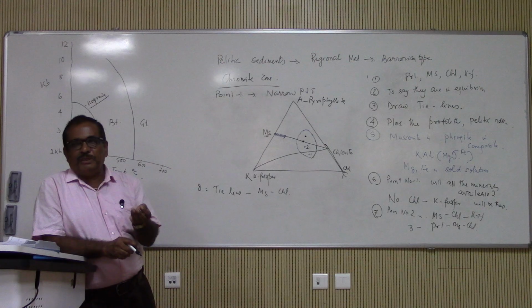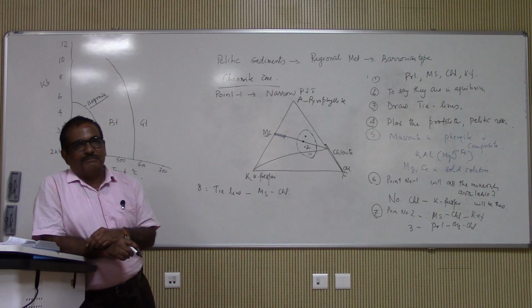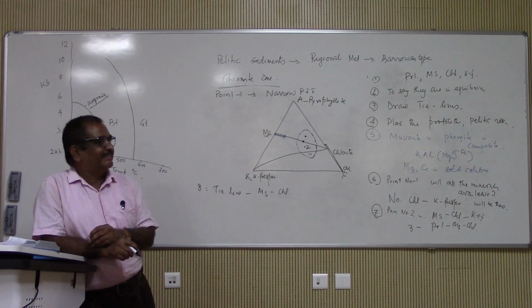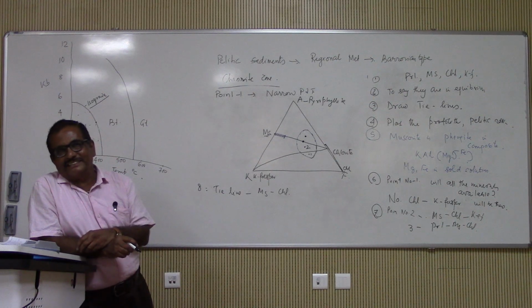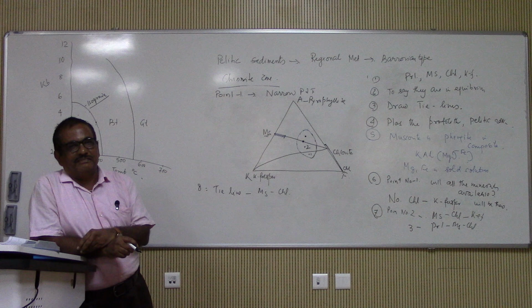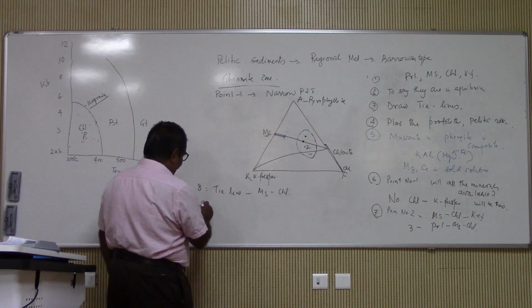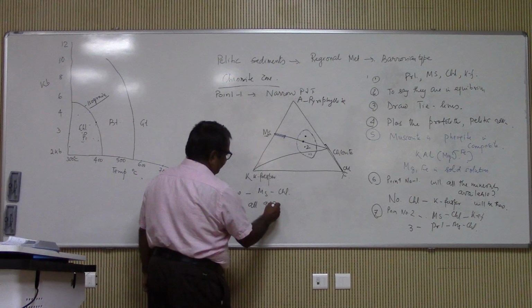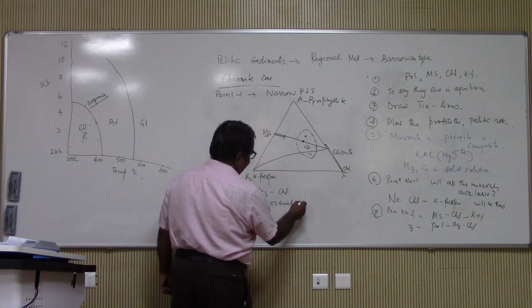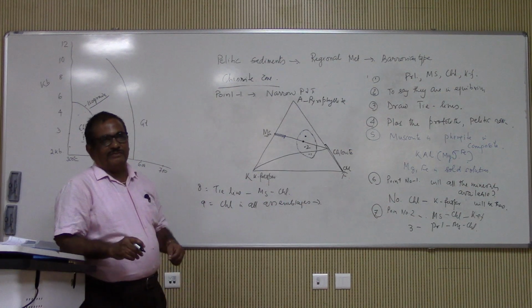Whatever composition it may be, you will get chlorite. देखो बट पोटाश फेल्डस्पार वो नहीं मिलेगा, मस्कोवाइट भी नहीं मिल सकता, सेरिसाइट भी नहीं मिल सकता ऑलवेज, but chlorite मिलेगा. That is why chlorite is available in all the assemblages. That is why it is called chlorite zone.